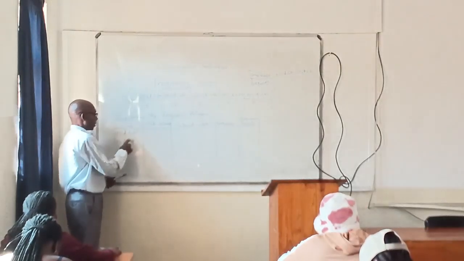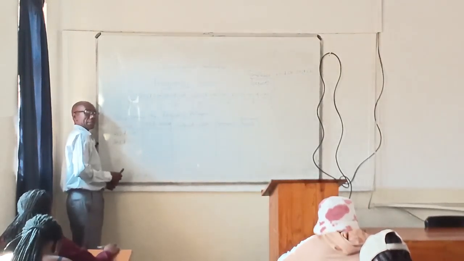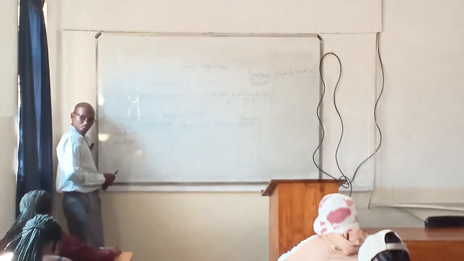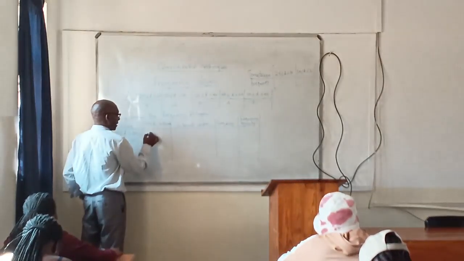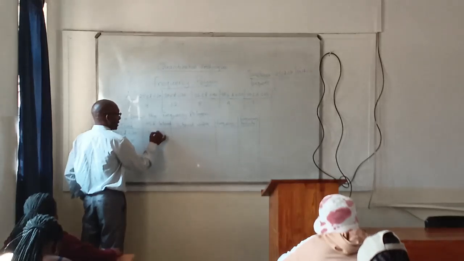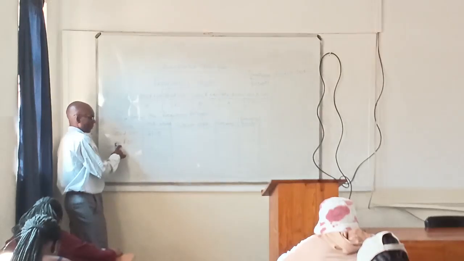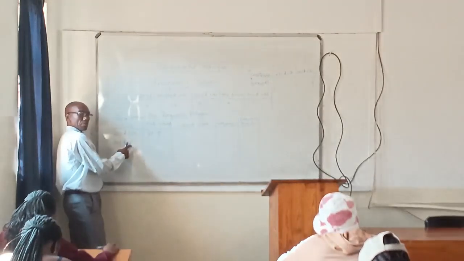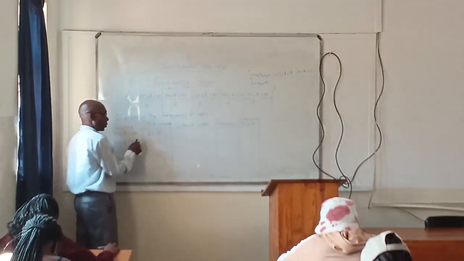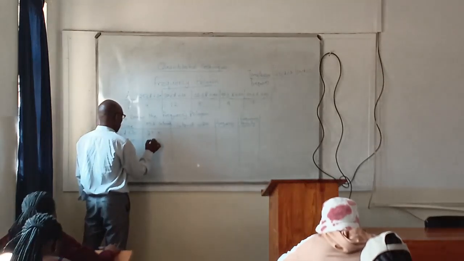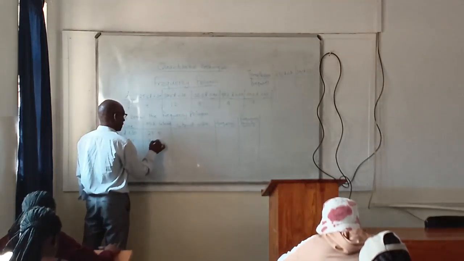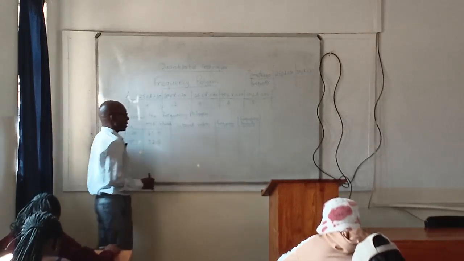So the first one will be 30 plus 25 is 55, divided by 2, 27.5. The second one? 30 plus 35 is 65, divided by 2, 32.5.